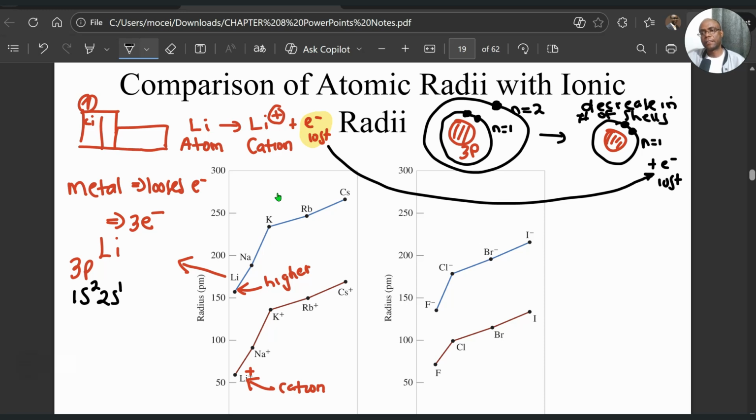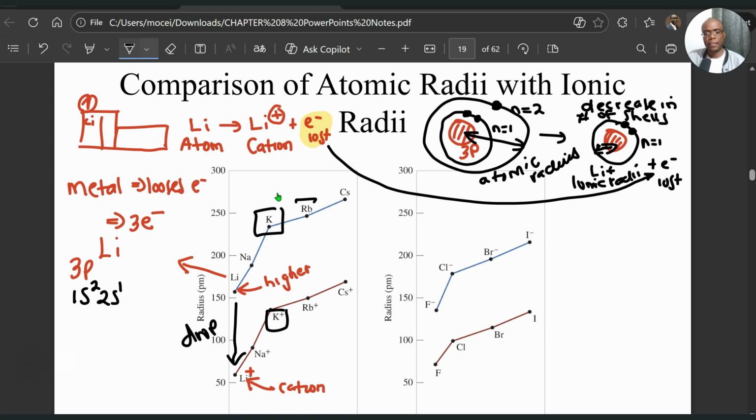And visually you can tell that the radius here, we call this Li+, so we're going to call that the ionic radius, because Li+ is an ion, specifically a cation. So you see the ionic radius is smaller than the atomic radius. You remember the radius drops by about half because of the loss of one shell. That explains the drop. And the same explanation will apply to the rest of the elements.